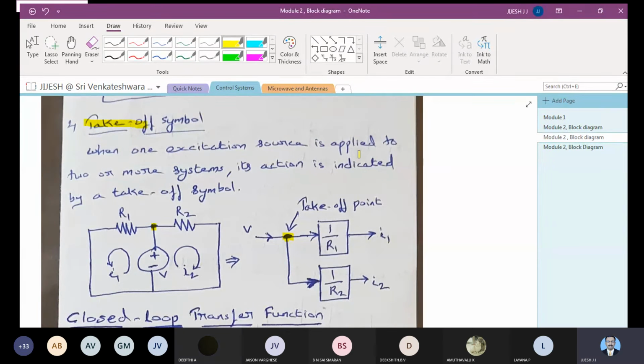Yes, sir. Yeah, so you can just complete it. We have not moved further with respect to the entire block diagram reduction and all those things. These are just simple terms for you to remember and understand. If I say summing point, you should know what a summing point is. If I say takeoff point, you should know what a takeoff point is.